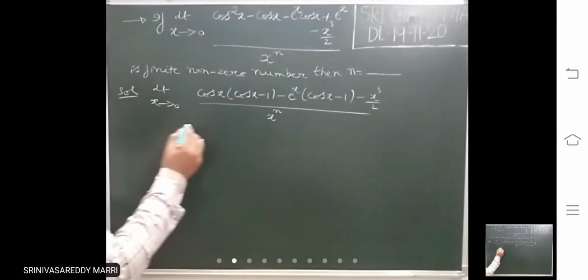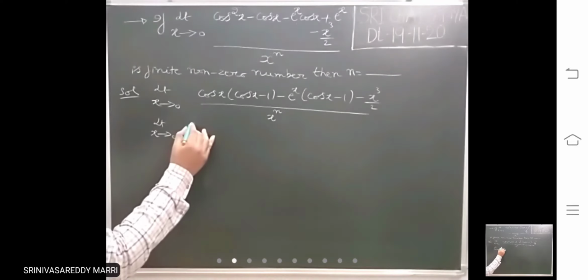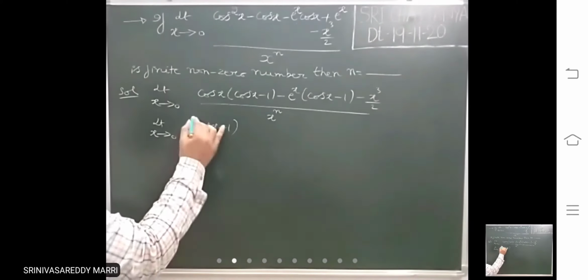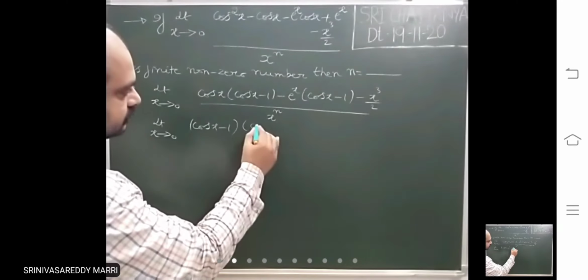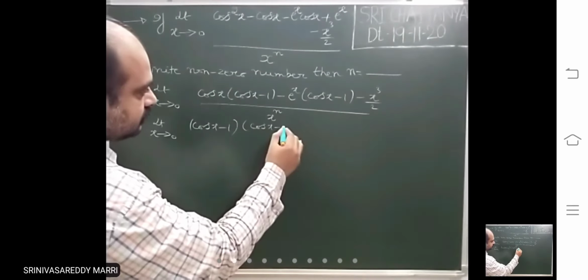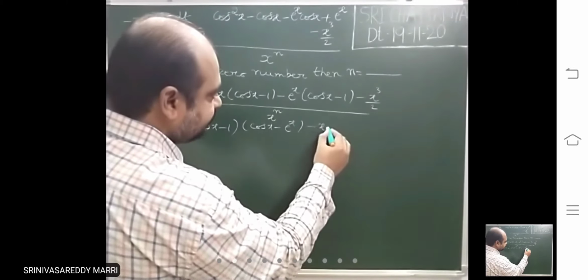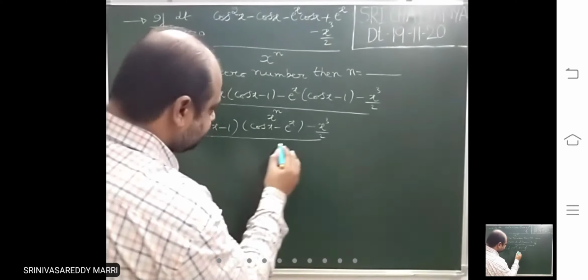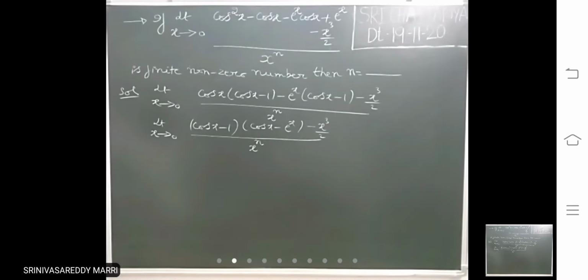Now from these two I am taking cos x minus 1 common. Cos x minus 1 into cos x minus e power x, minus x cube by 2, divided by x power n. Right?